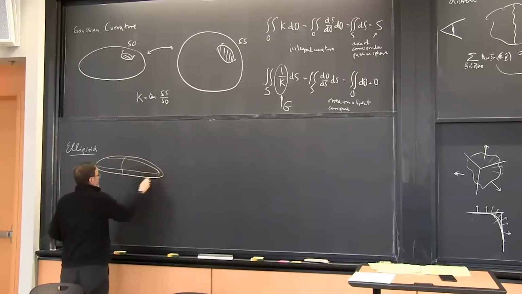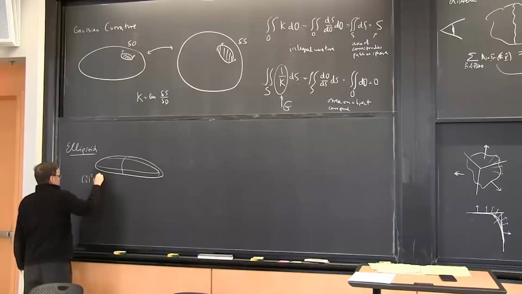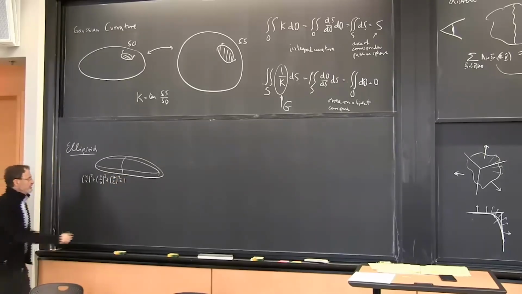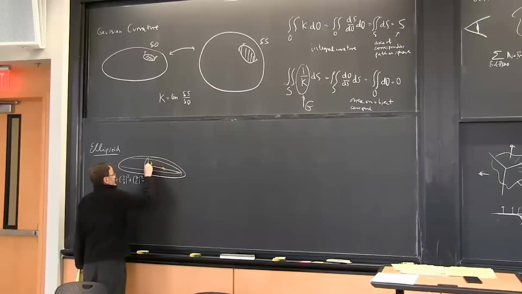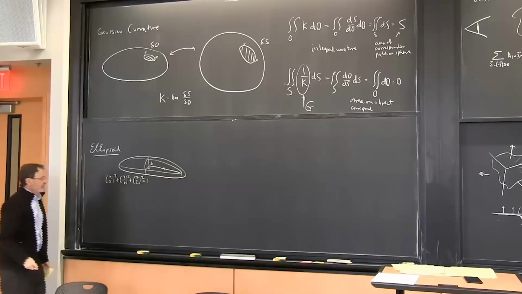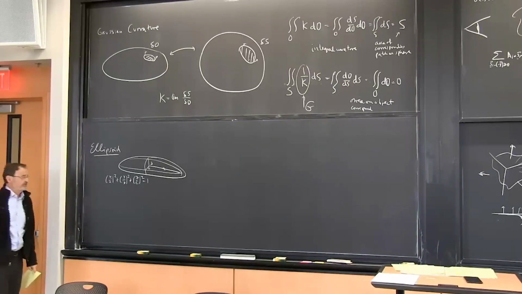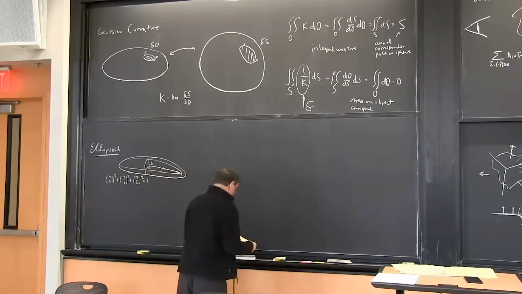So here's our ellipsoid. And of course, we have the possibility of writing it in this form, as we saw, where A, B, and C are the semi-axes. And so we can get various shapes by changing the ratios of those axes. And of course, if A equals B equals C, then we have a sphere.